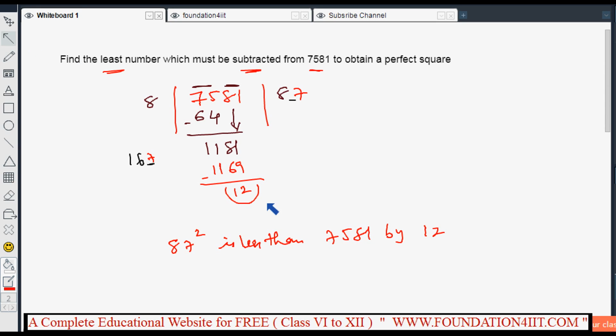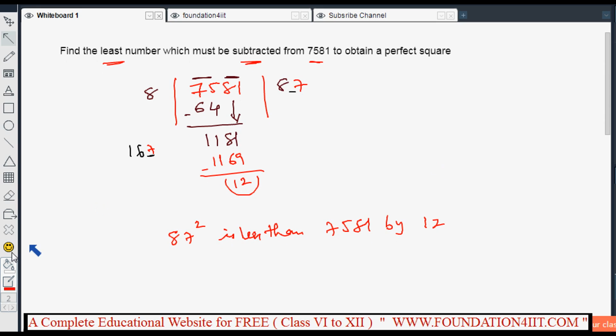This extra 12 we need to subtract. So 87 square is not exactly equal to this, but 87 square is less than 7581 by 12.